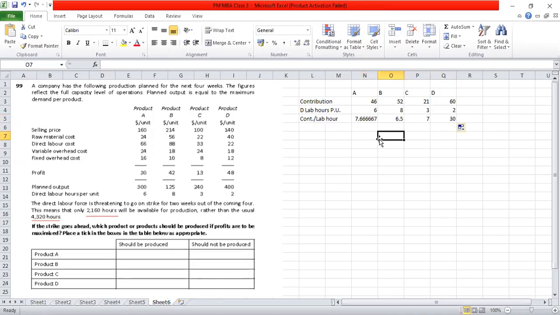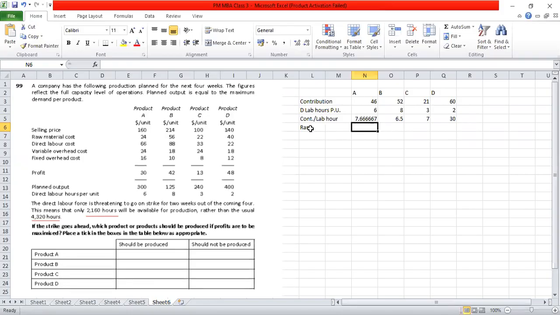So now we have to rank them. Step number 1 is first find out what is the limiting factor. Limiting factor is direct labor. Take what is contribution per unit. We got the contribution per unit.